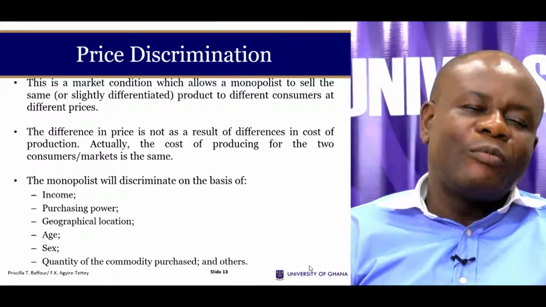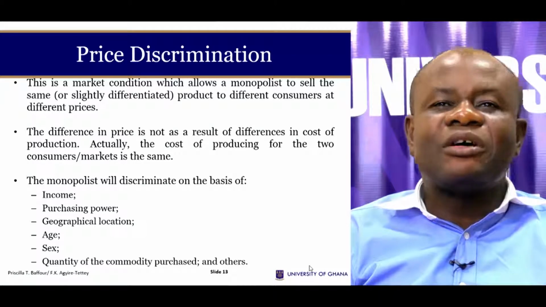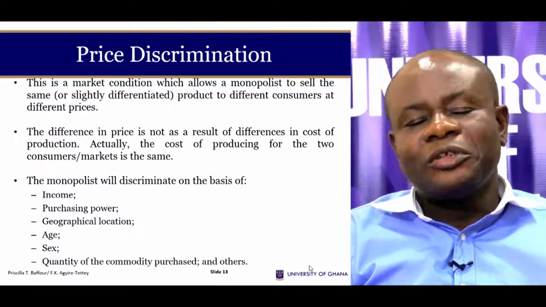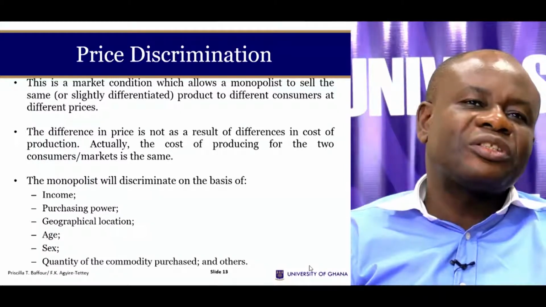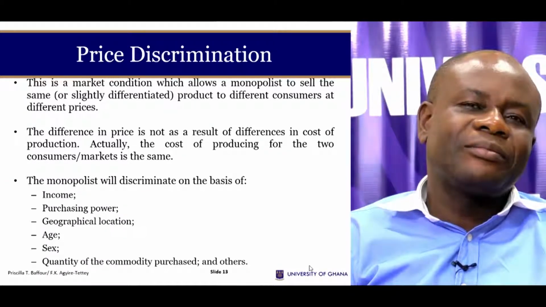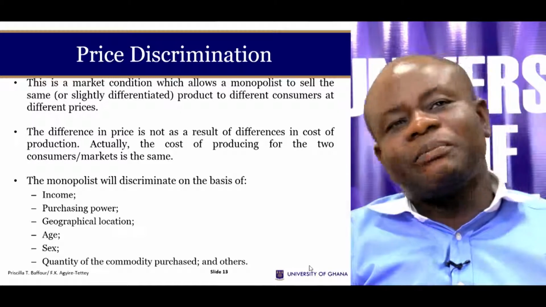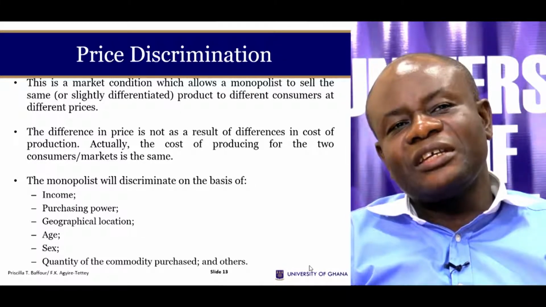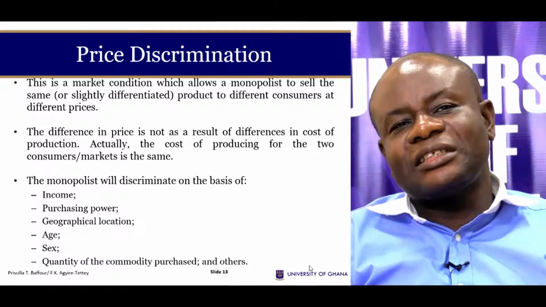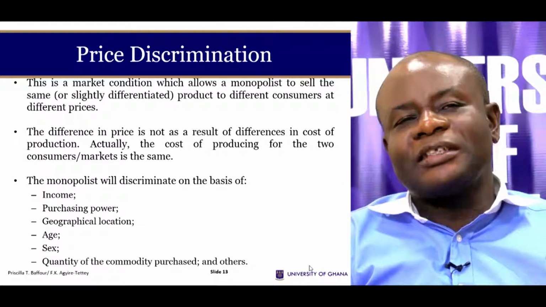And the monopolist will discriminate based on a number of factors: on the basis of income, on the basis of the purchasing power of the consumer, on the basis of geographical location, on age, sex, and the quantity that you purchase.